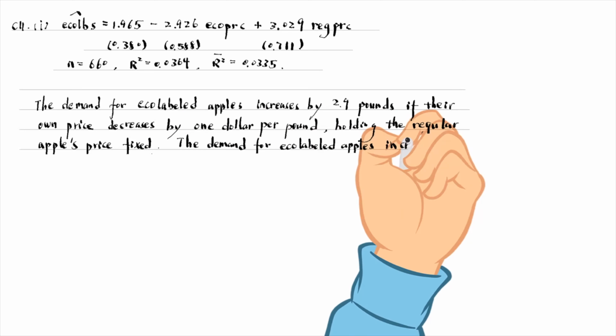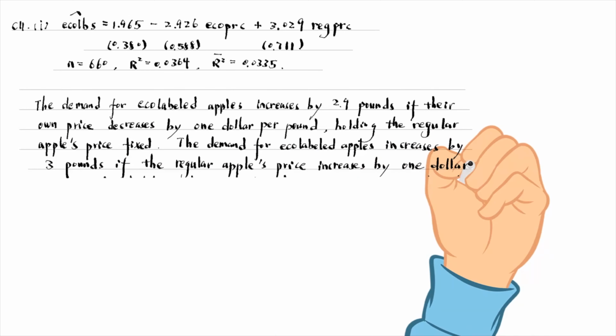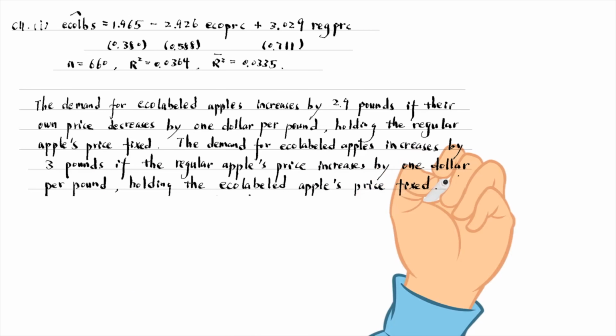The demand for eco-labeled apples increases by 3 pounds if the regular apple's price increases by $1 per pound, holding the eco-labeled apple's price fixed.